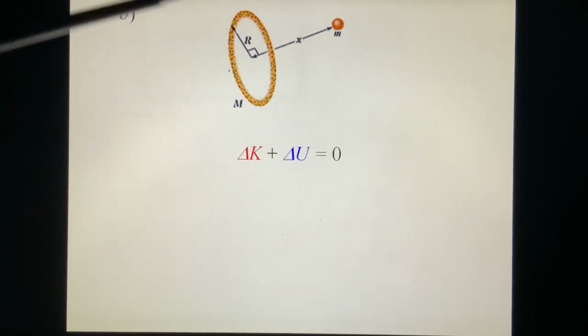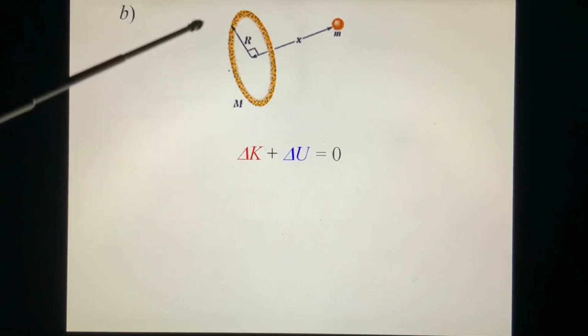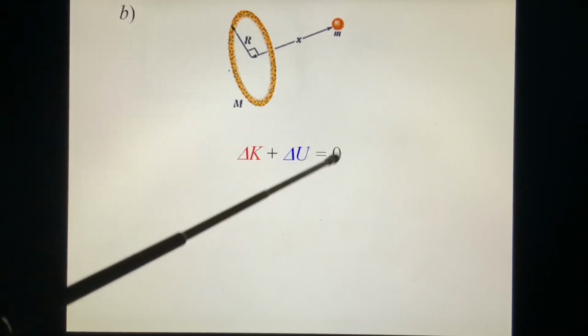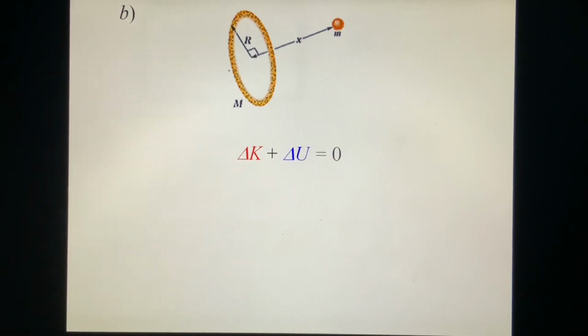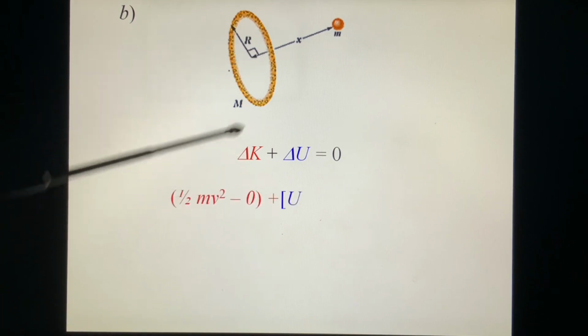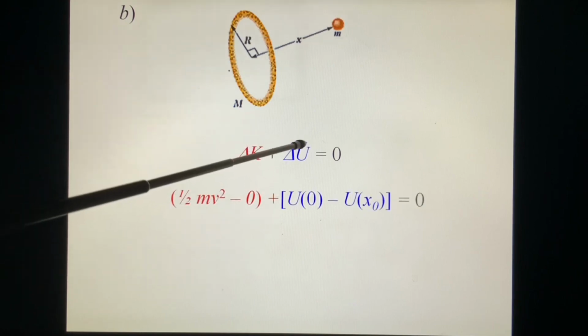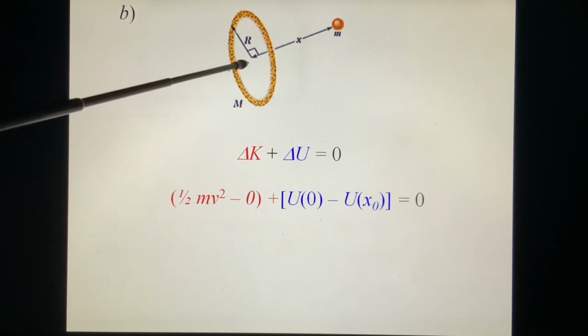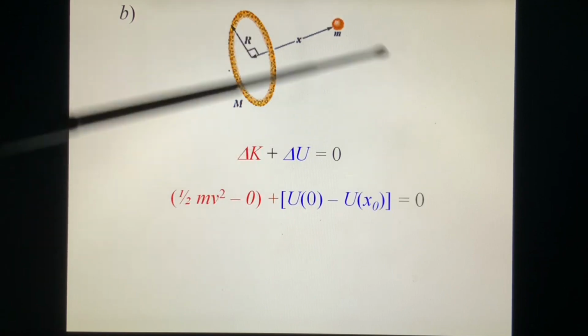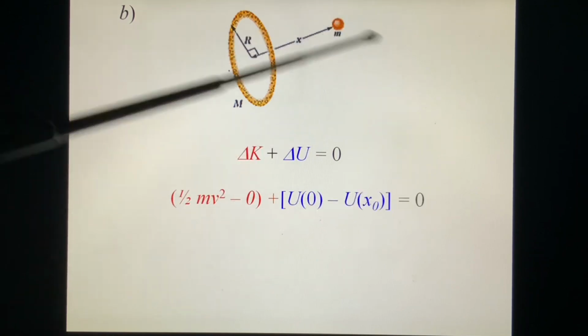We use the mechanical energy conservation to solve this question. We know in this case, delta K plus delta U equals 0, mechanical energy conserved. At the end, we have kinetic energy half mv squared. V is what I want to find. At the beginning, it's at rest, so 0. Delta U: the final is x equal to 0 here, and initially it's x equal to x0, okay?